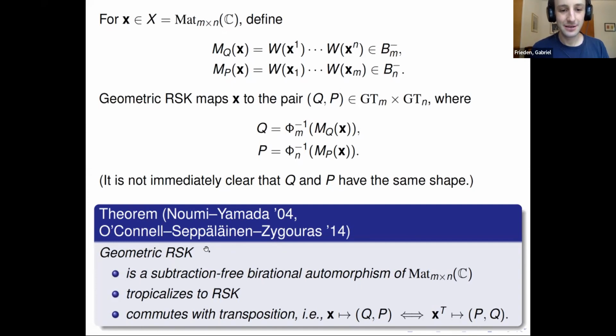That's going to be the only connection to birational toggles here, but it's a very nice description that is similar in spirit to the growth diagram description of RSK, and it makes it very clear that the map is invertible and commutes with transposition, and tropicalizes to the description of RSK as essentially a sequence of piecewise linear toggles.